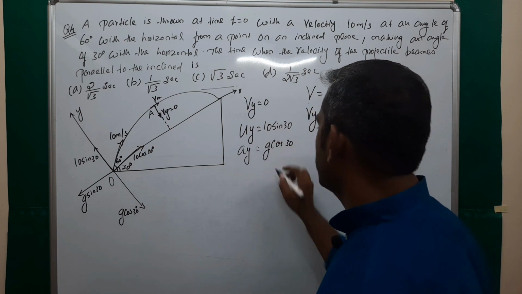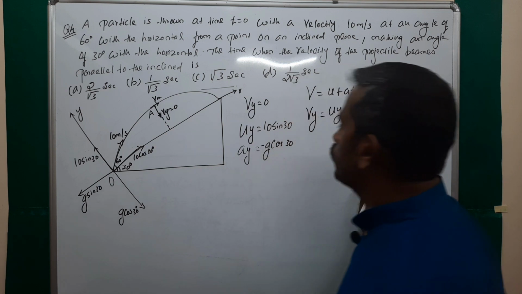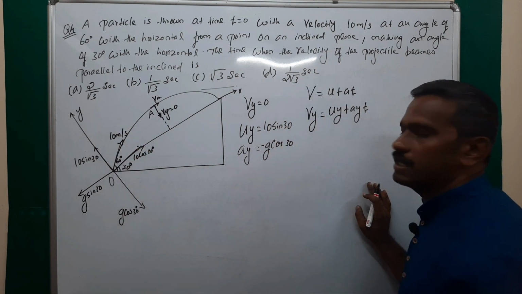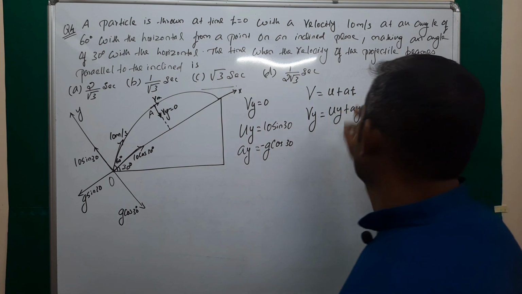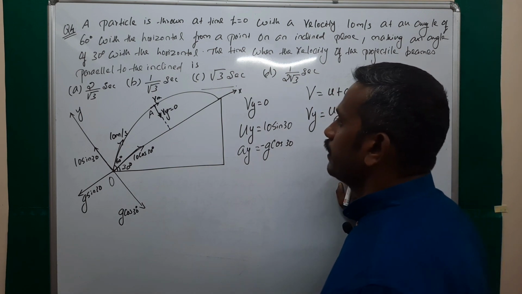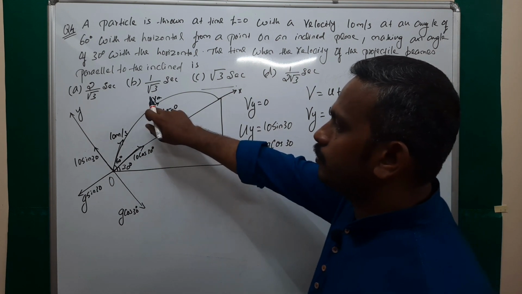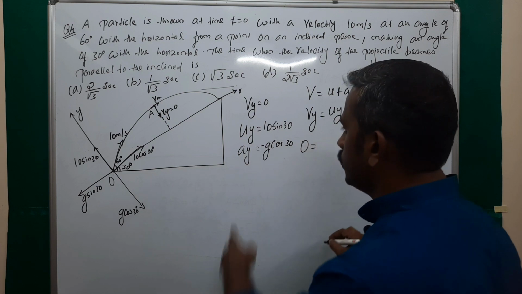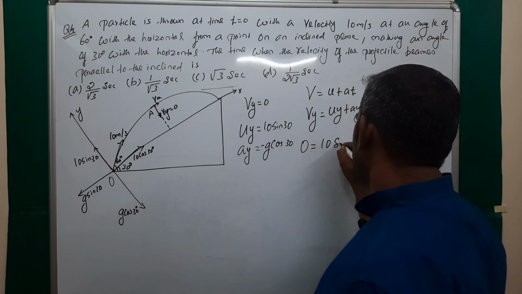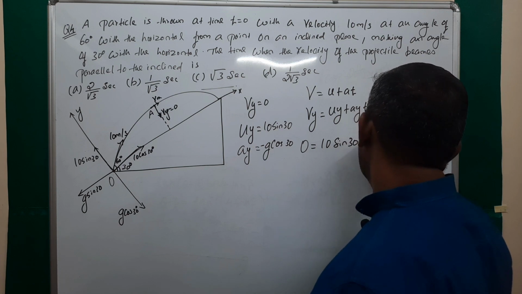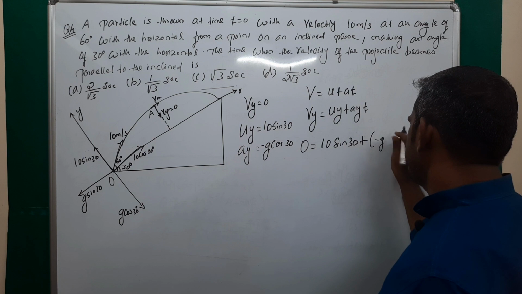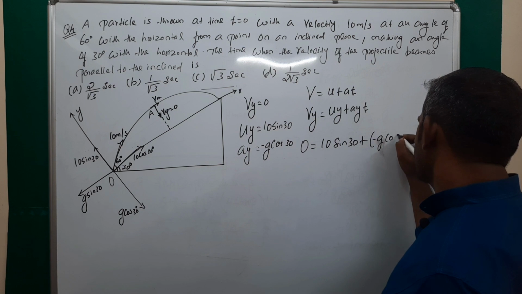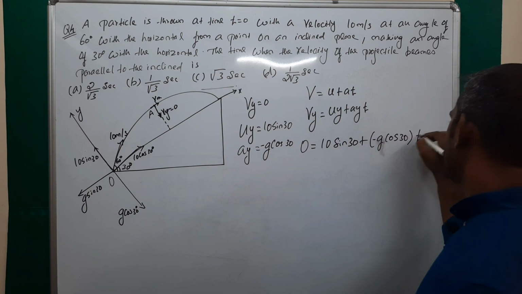Ay is equal to minus g cos 30, because it is acting in the negative y axis. Here t is the time taken by the projectile to reach this point, which we have to find. So Vy equals 0 equals 10 sin 30 plus minus g cos 30 into t.